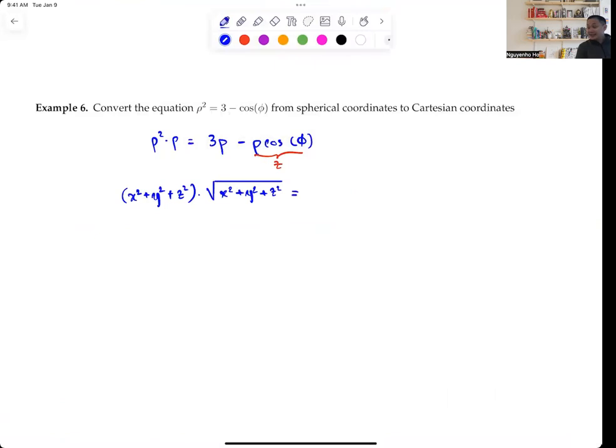That's the left-hand side. The right-hand side is 3 times the square root of x squared plus y squared plus z squared, minus z. Right, so that's a surface, and we have some practice on converting from one coordinate system to another coordinate system.